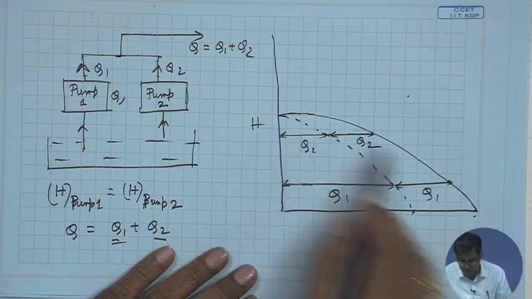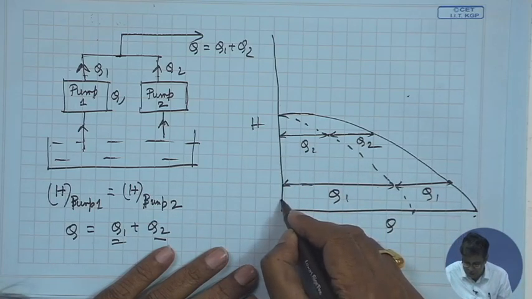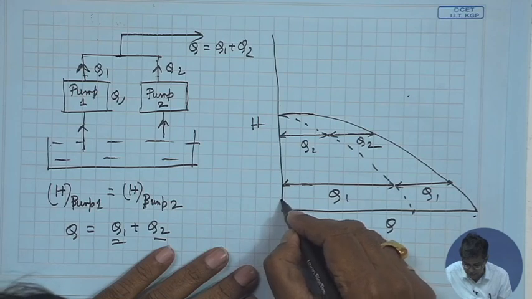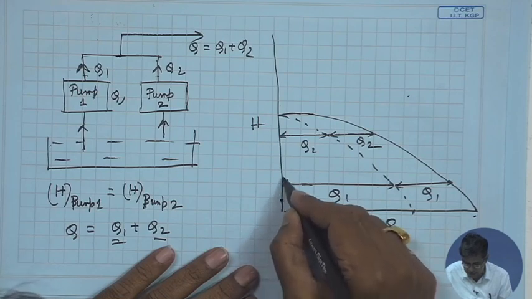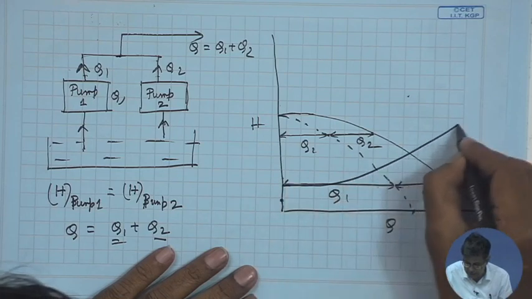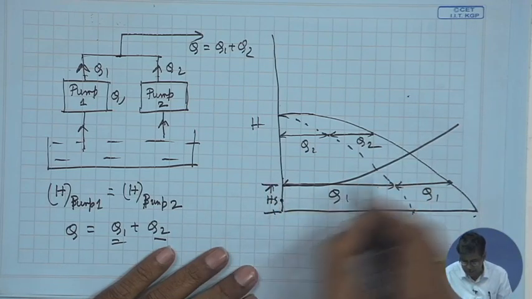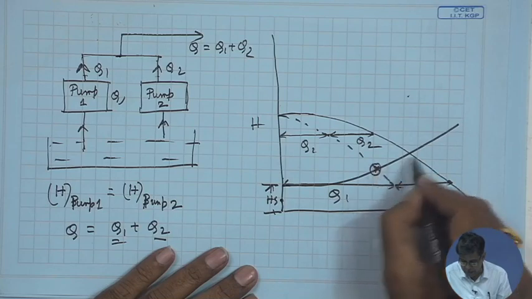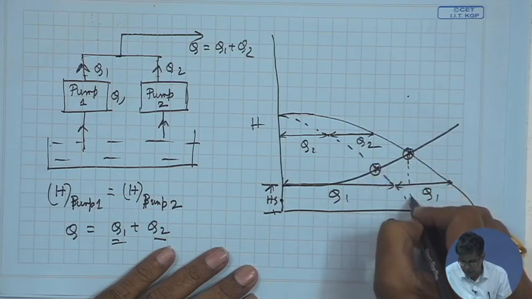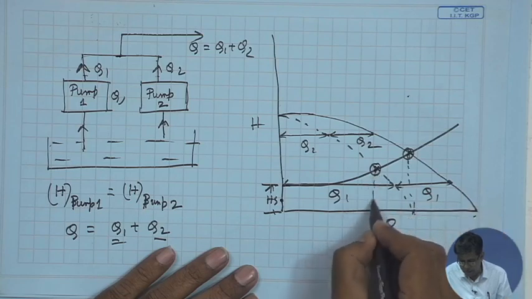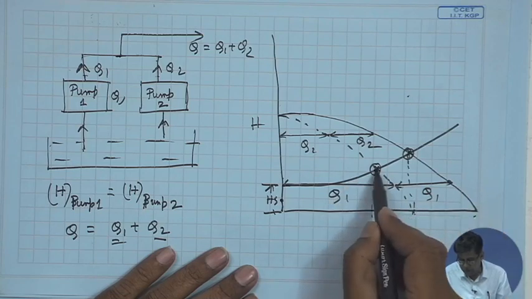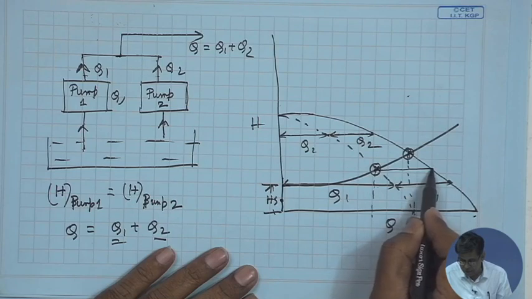So, this way we can generate the curve, and in the same way, if we have the system resistance like this, HS for example, the static lift, then the operating point is here. At the operating point the discharge is increased from that with the individual pump, but it is not doubled, whereas here it is doubled.